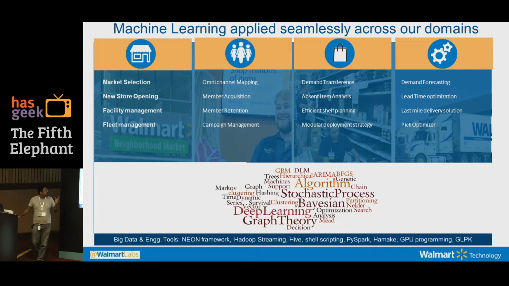perspective as well, especially on the omni-channel mapping. We have the capability on a real-time basis. Whenever a customer transacts in our offline stores, if he has an account with Walmart.com, immediately after his transaction at the store, within a few seconds, we can map his online profile without knowing anything. You can be a random customer.